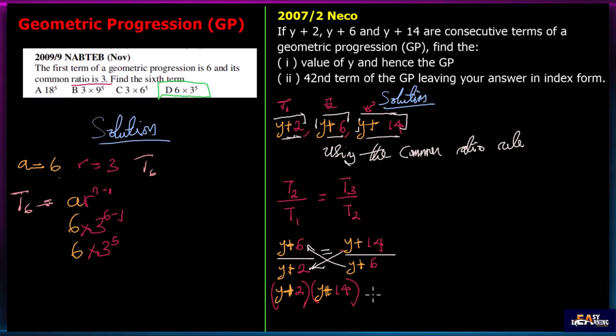Now we go to the right hand side. Right hand side now will be y plus 6. Let's have it in a much better way.